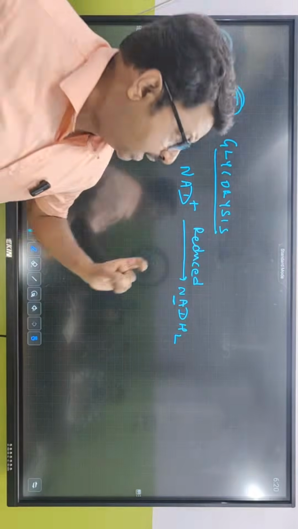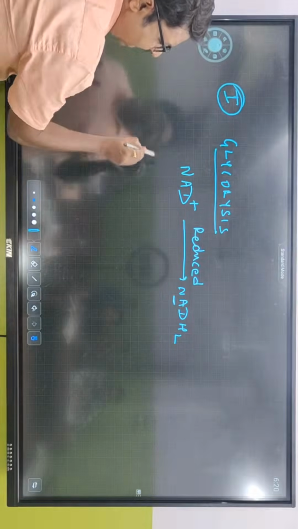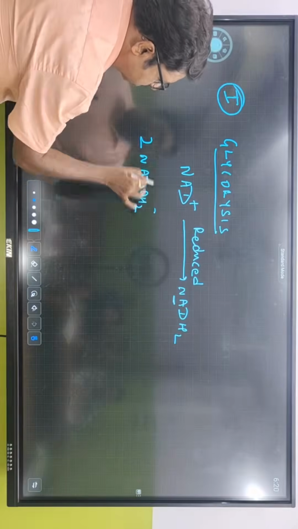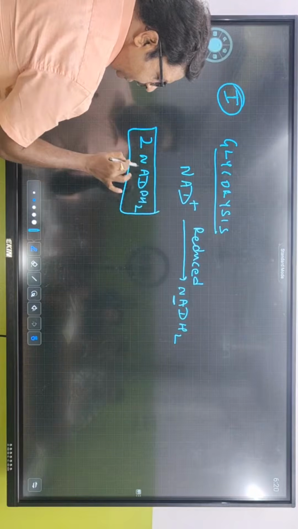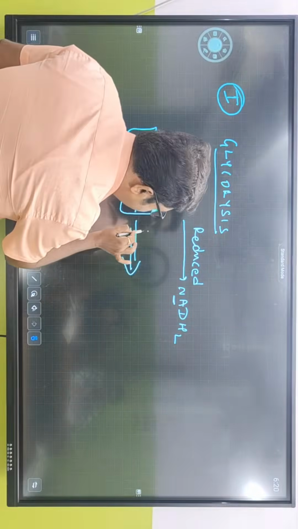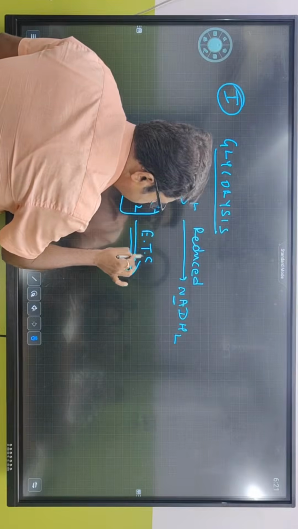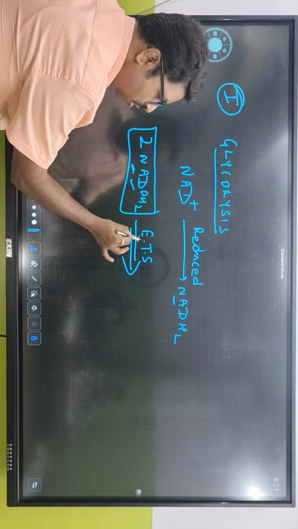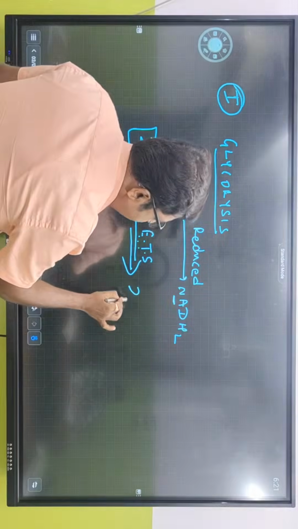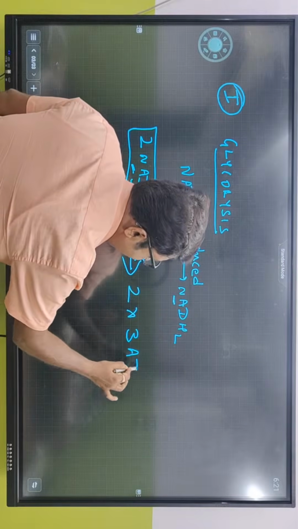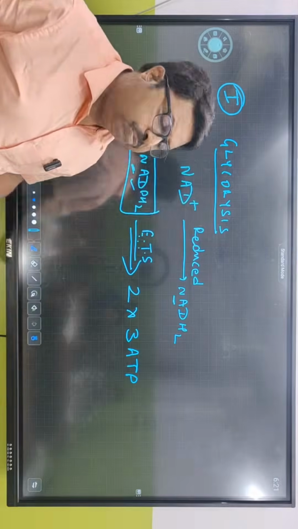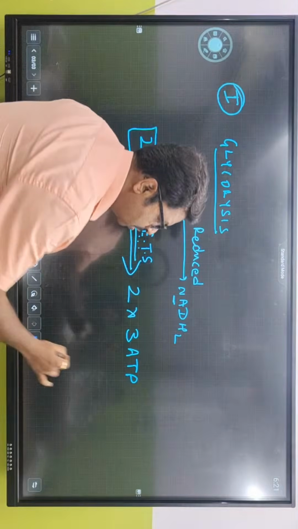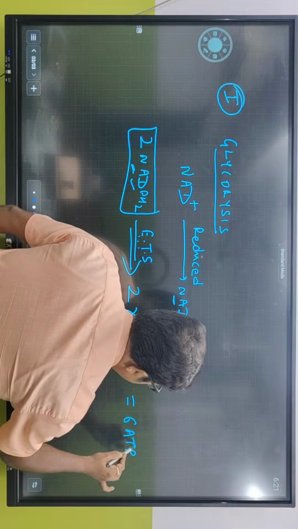In glycolysis, 2 NADPH2 have been formed, which ultimately, when they get inside the electron transport system, we know that one NADPH2 gives 3 ATP. So 2 into 3 is going to give us 6 ATP. Any issues with this?